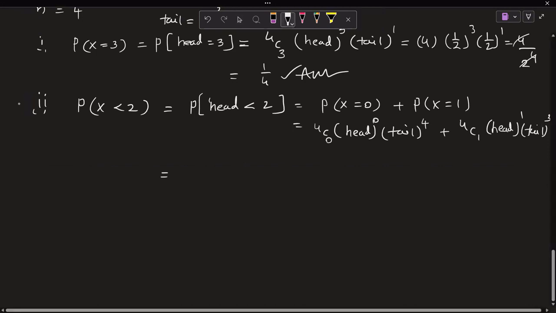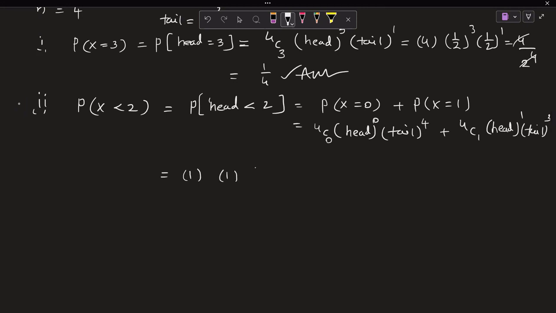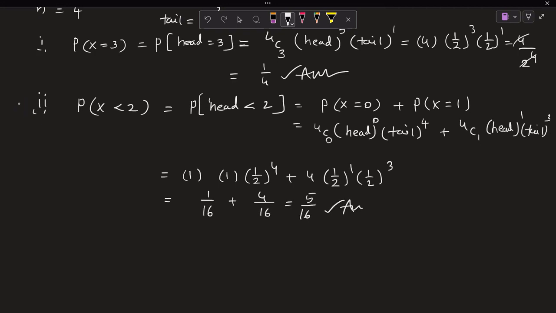So that is equal to 4C0 is 1, head probability 1 and tail probability 1 by 2 power 4, plus 4C1 is 4, head probability 1 by 2 and tail probability 1 by 2 power 3. So this is 1 by 16 plus 4 out of 16. So totally 5 out of 16 is the answer of the second question.